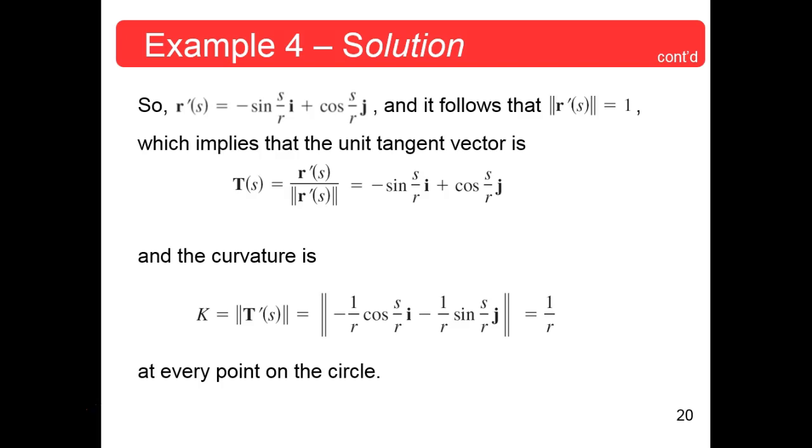Take the magnitude of that: 1 over r squared cosine squared s over r plus 1 over r squared sine squared s over r. Factor out the 1 over r squared. It's in a square root, so that becomes 1 over r, and this is 1, and the square root of 1 is 1. For every point on the circle, it didn't matter where you were, your curvature is equal to 1 over r.